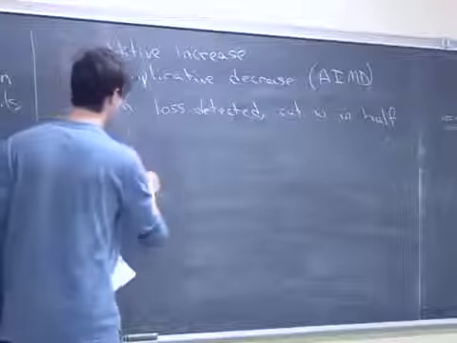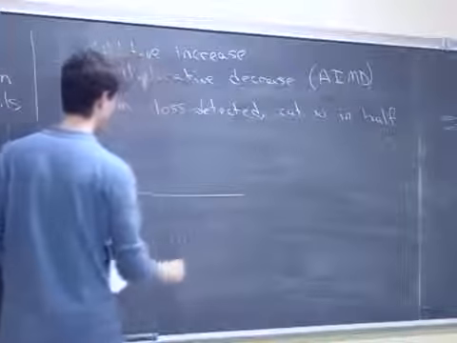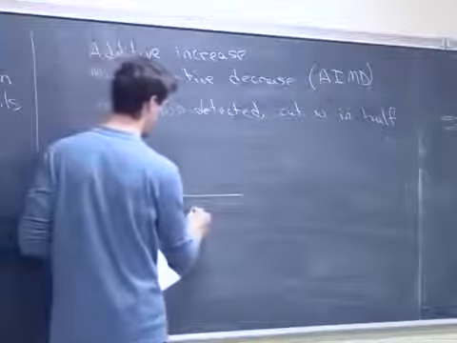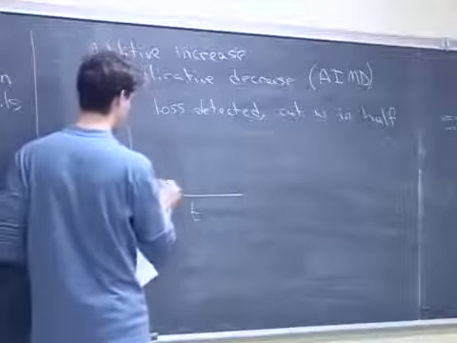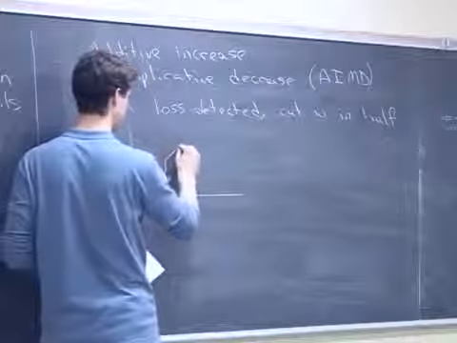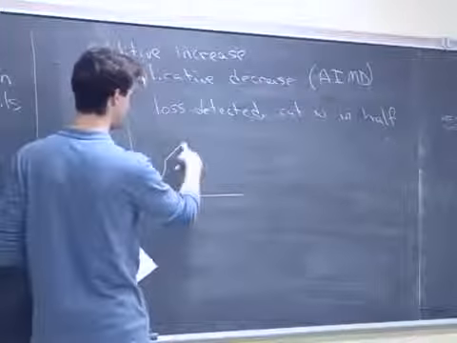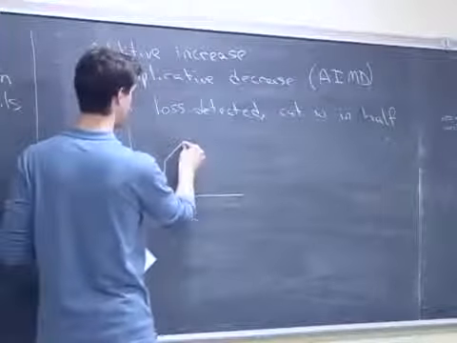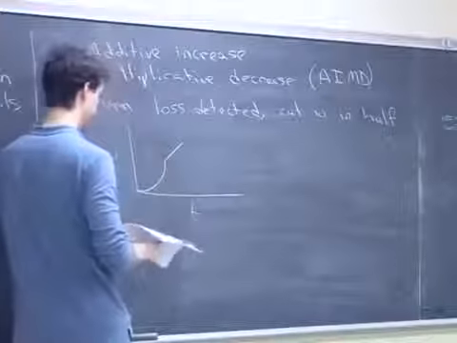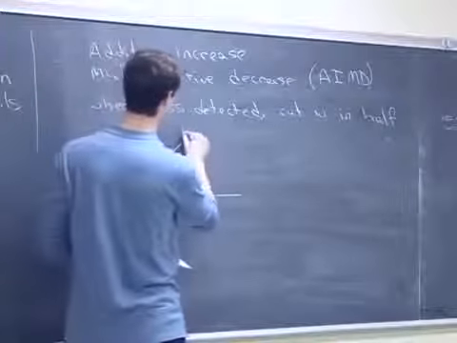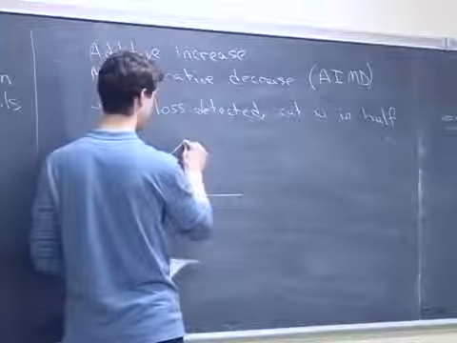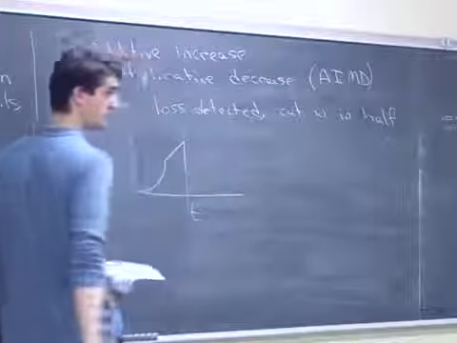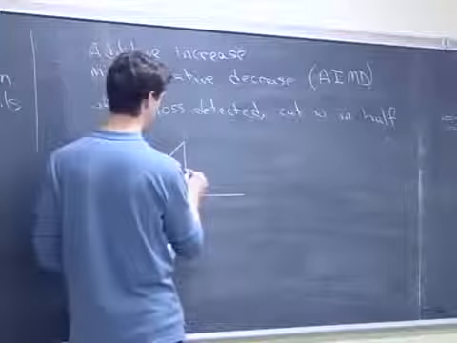All right, so what this looks like, if we draw the same type of picture, so we have our window versus time. Again, we do slow start, switch to the congestion avoidance phase. Okay, so here there's a packet loss. So now we cut the window in half. Let's cut it all the way down to there. All right.